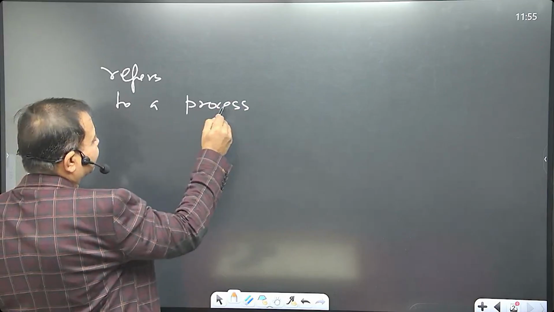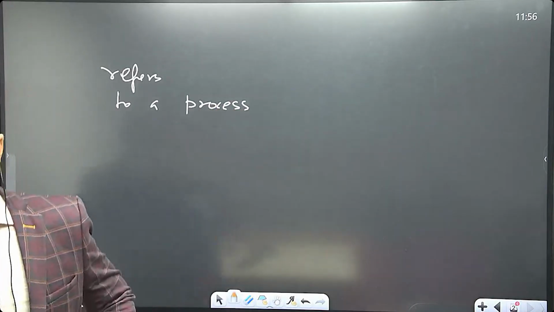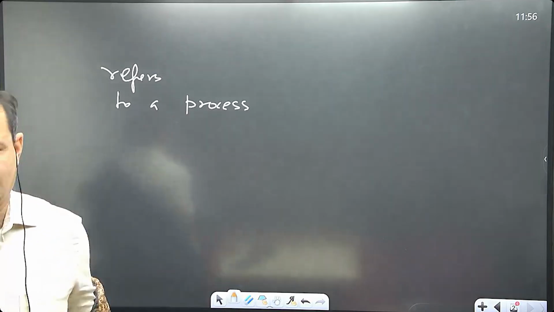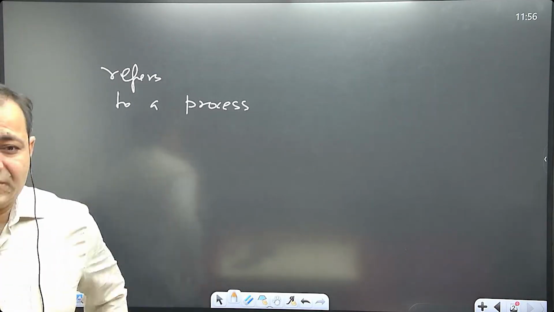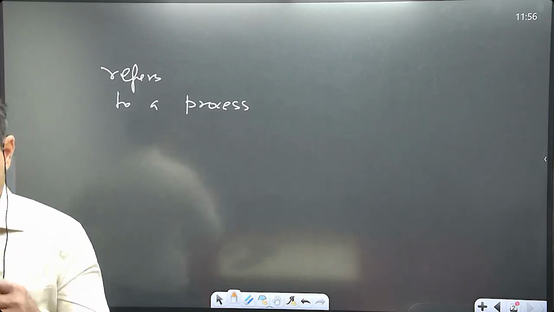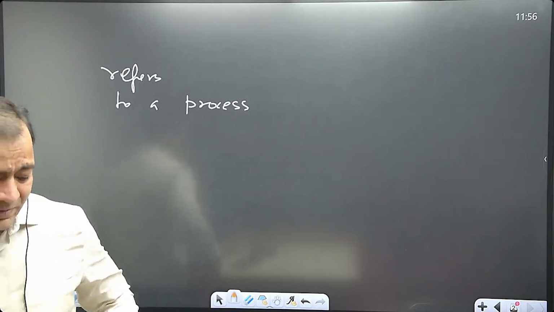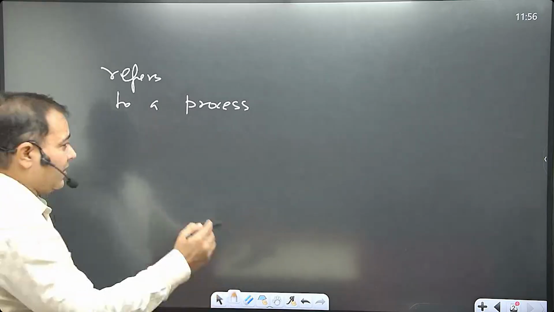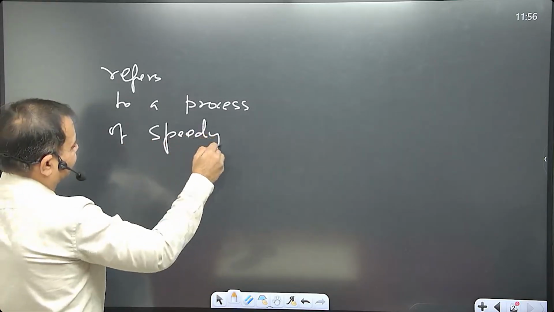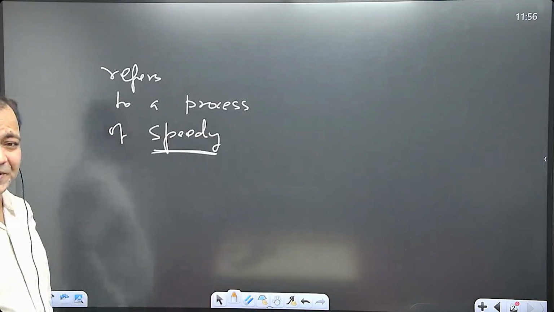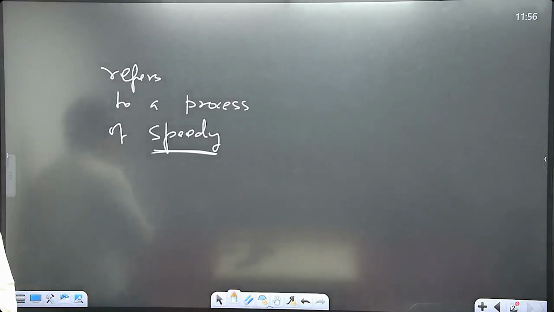The first thing to be understood is that it's a process. The industrial revolution can't be seen as an event. Clear? It is part of the modern transition of the world. That is quite understandable. So the industrial revolution refers to a process of, that's why this is a revolution, what? Speedy. Very speedy. Transition.